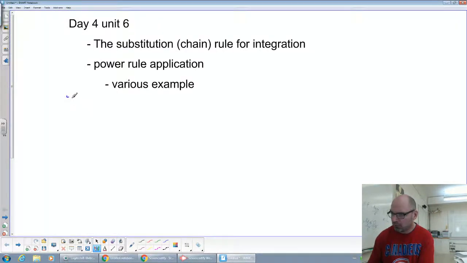Okay, so say we're taking the integration of something like a large expression. If you have u, du, like that, this is going to equal the power rule.